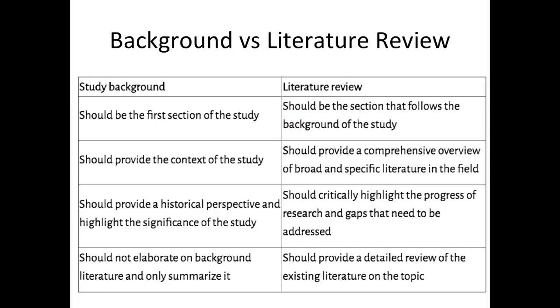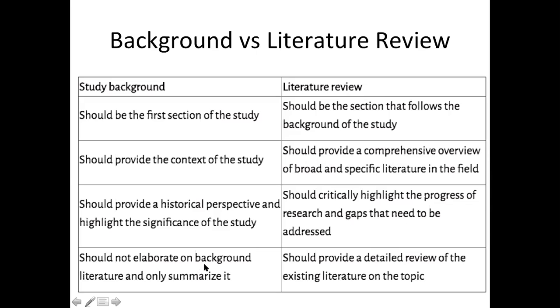So based on the years. While in the literature review, the progress of the topic should be shown, and then we highlight everything, including the gaps between one study and the other, and between those studies and ours.